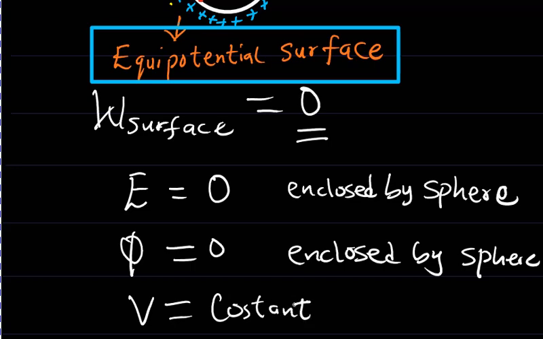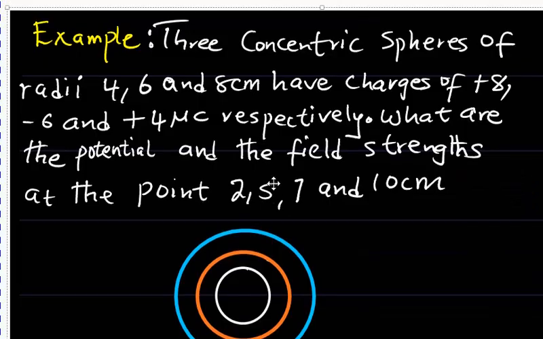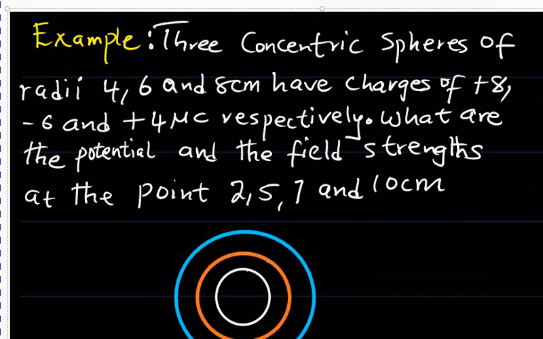It is constant at any point in that closed surface. This is just a very simple illustration, and we're going to look at some more examples. Let's look at a question that we have to solve. Here we go.